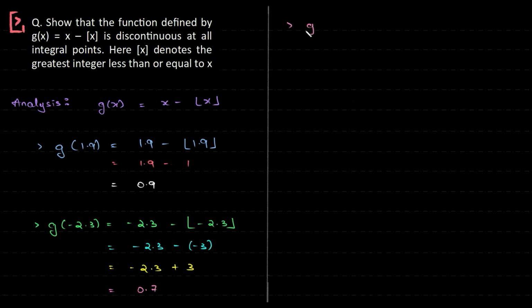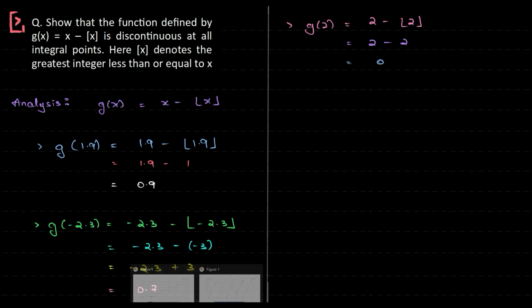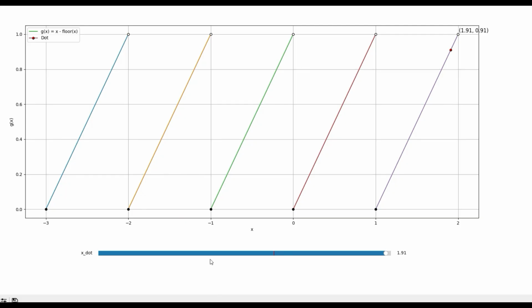Now let me give an integer value like 2. If I have 2, obviously my output is 2 itself, and so we have 0. Let me show this also. Minus 2.3 will be over here, and you can see the answer is 0.7.